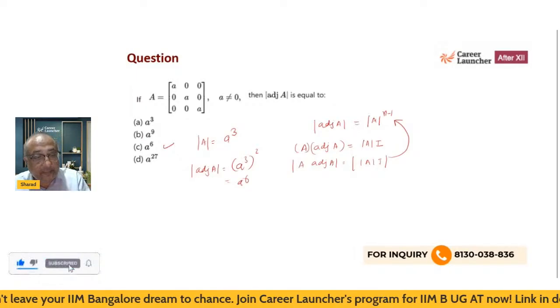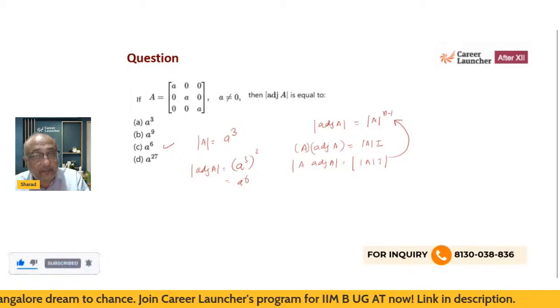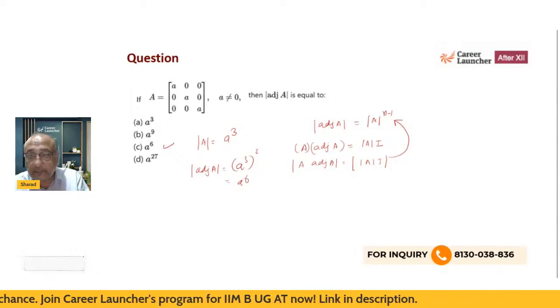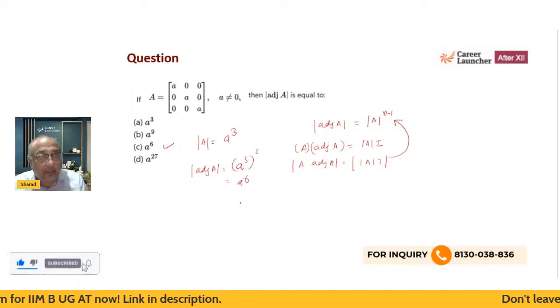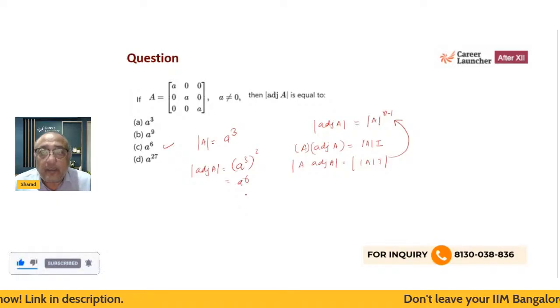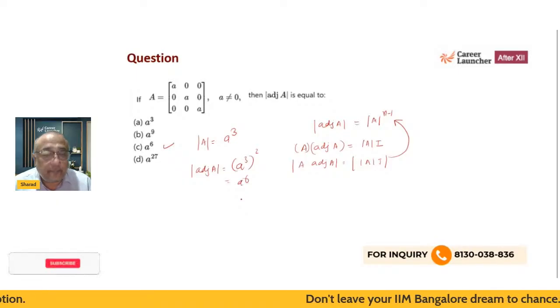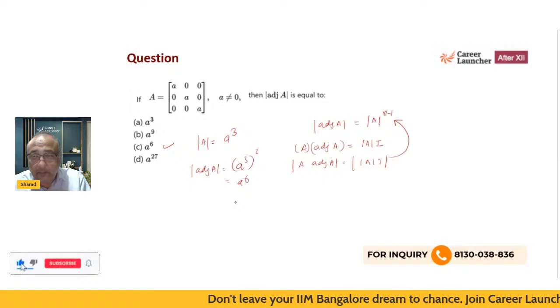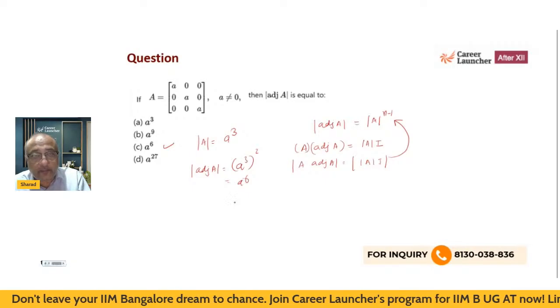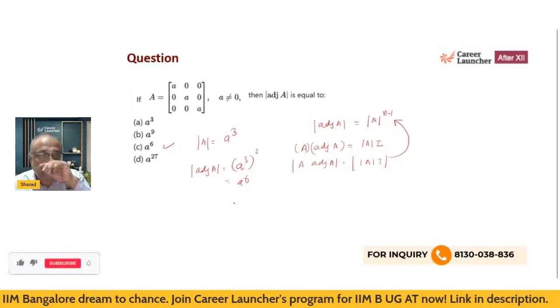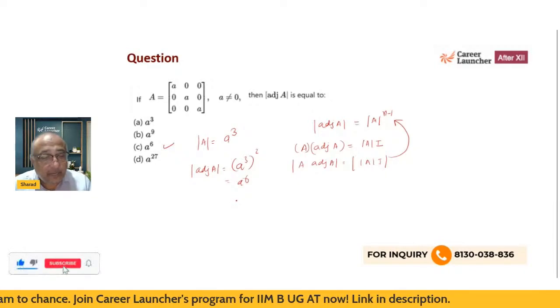A raised to power 6. Let me go and check the answers from the kids. A raised to power 9. How does this A raised to the power 9 come to you? Because n over here is 3. Ivan, A raised to the power 6. Correct. Okay, okay. It is not option A. You wanted to say, okay, right.